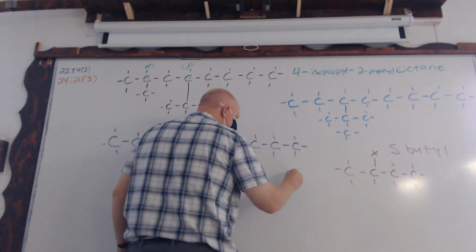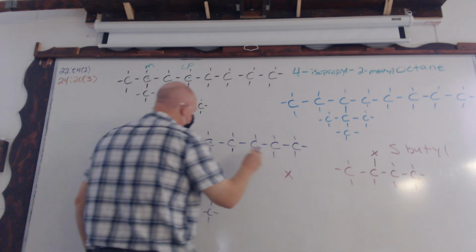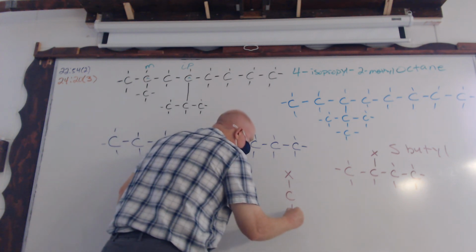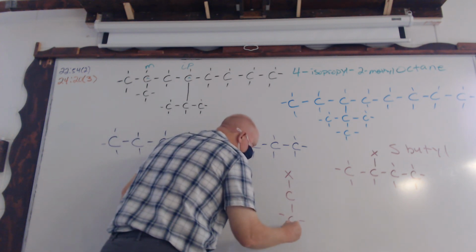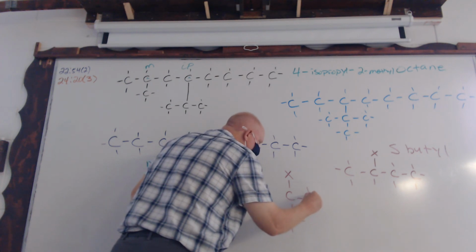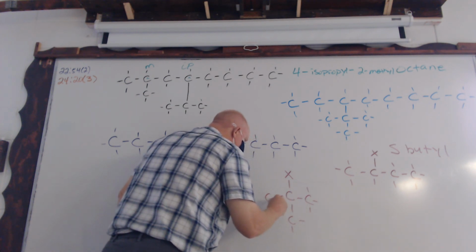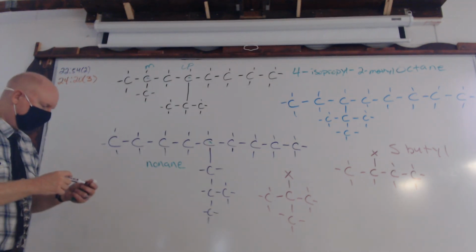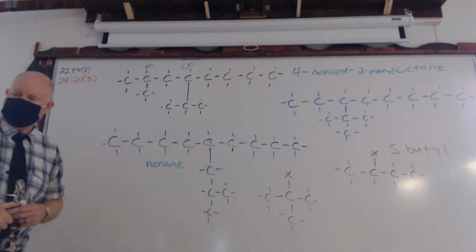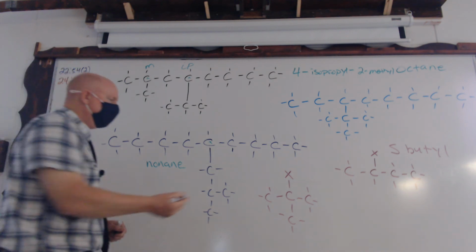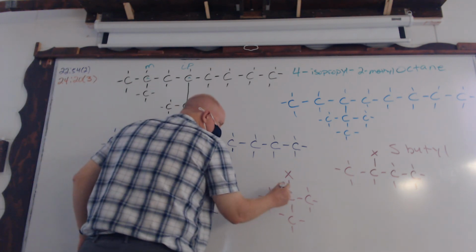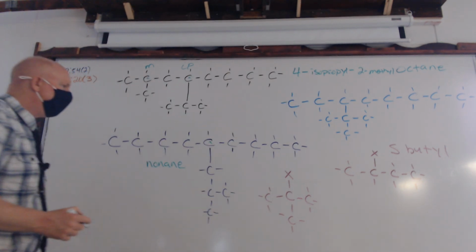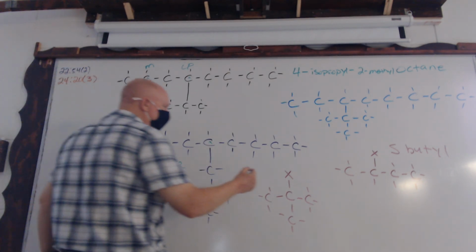Another one, X is the carbon. It's the variable here. Okay, it's still a 4-carbon derivative, but this is a tertiary group because this carbon has 3 of them around it. So therefore this is tertiary butyl.